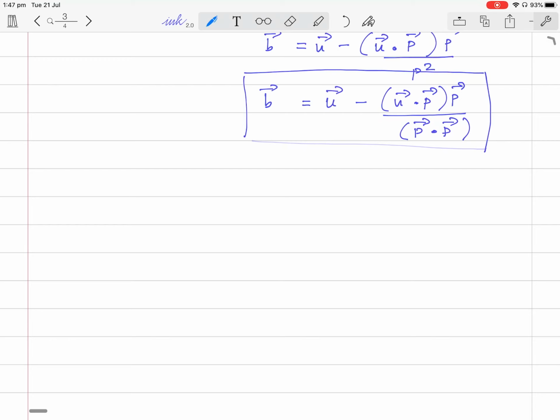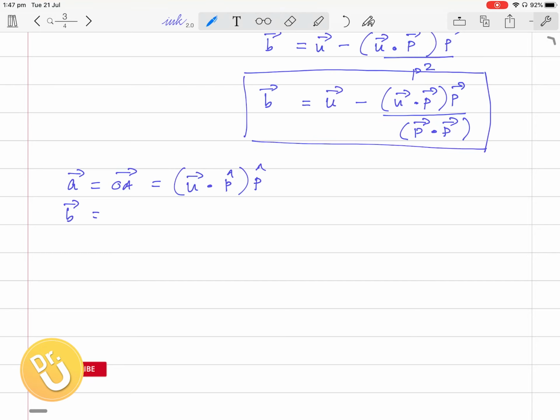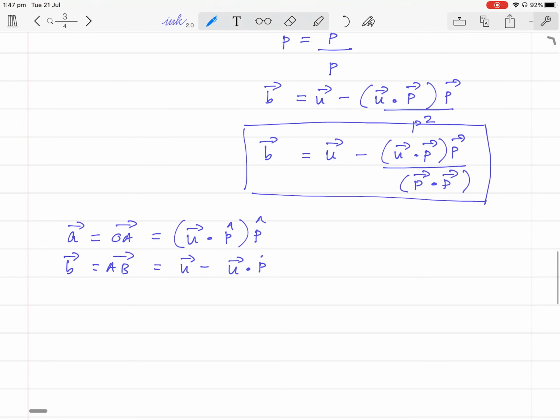So in summary, what we have learned: A vector or OA vector, which is our vector resolute in P direction, would be U dot P hat and P hat. Then B vector, which is AB, we wrote it as U minus U vector dot P hat and P hat.